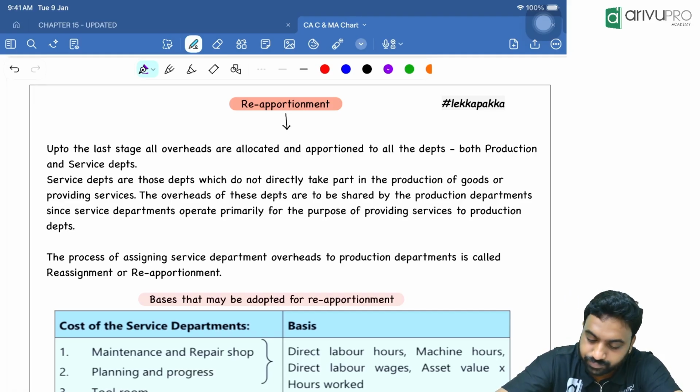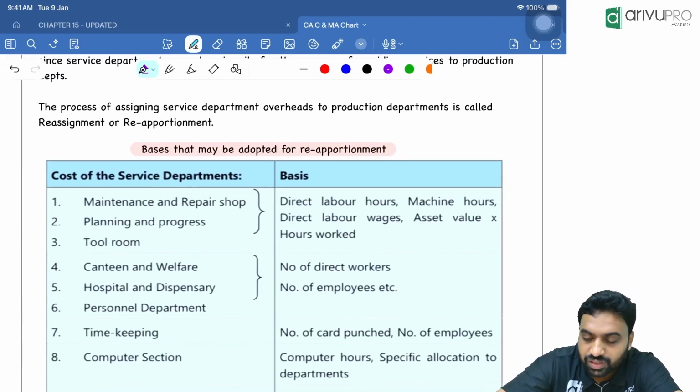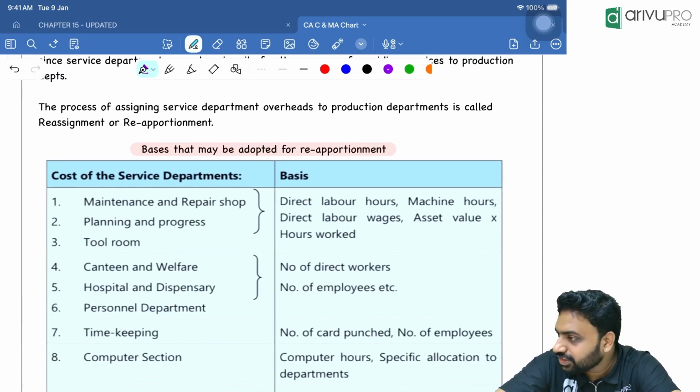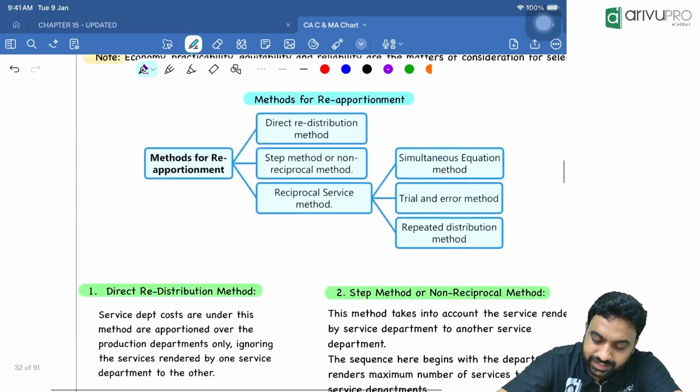Got it? The process of assigning service department overheads to the production department is called as what, guys? Reassignment or reapportionment or secondary distribution. Again, the different ratios are there that we will see later.